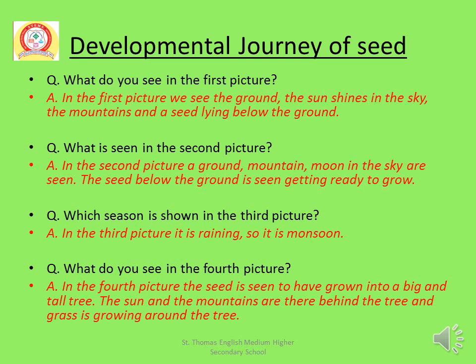The sun and mountains are seen behind the tree and grass is growing around the tree. These all are the 4 question answers. These all you will write in your notebook.